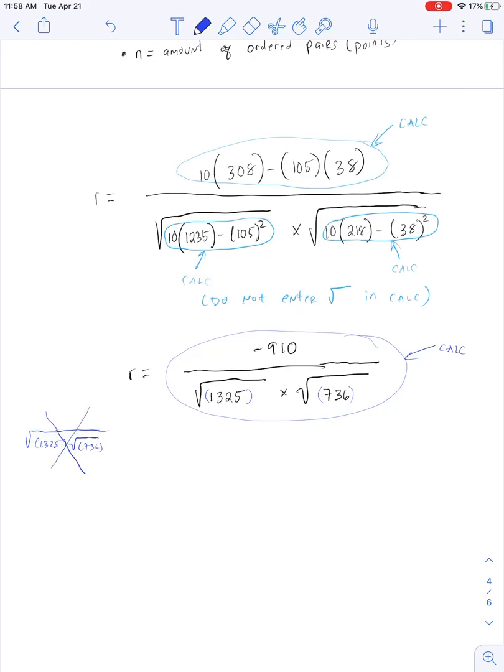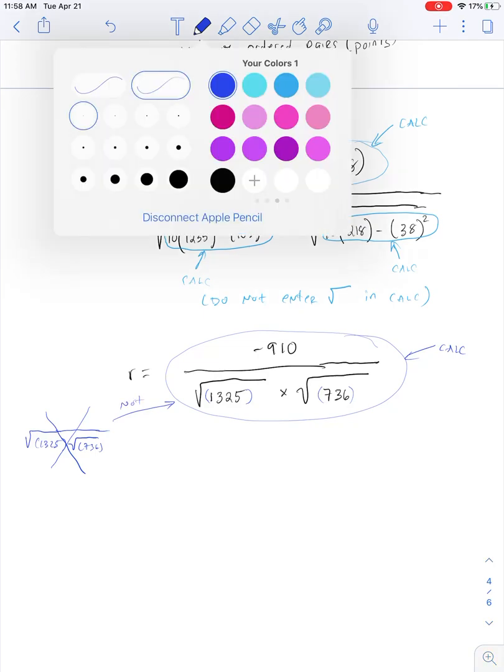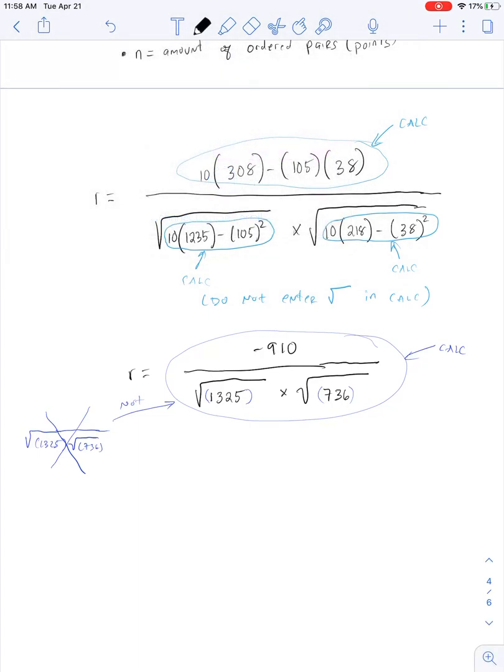You do not want to do that because that's not what that says. So you need to make sure that you get out of that square root symbol after you put the second close parentheses. Okay, so if you do everything correctly, this should give us a correlation coefficient of negative 0.92.